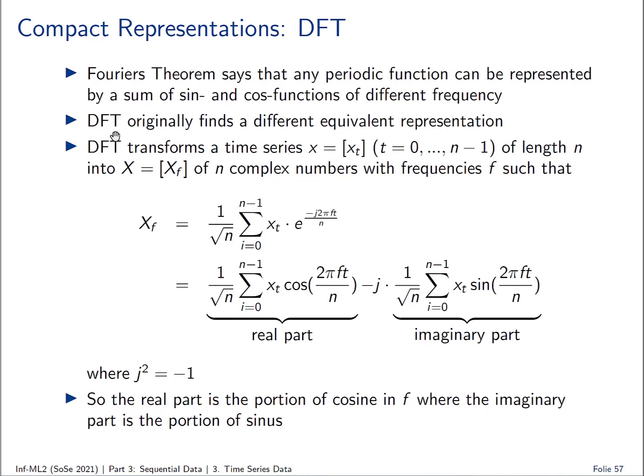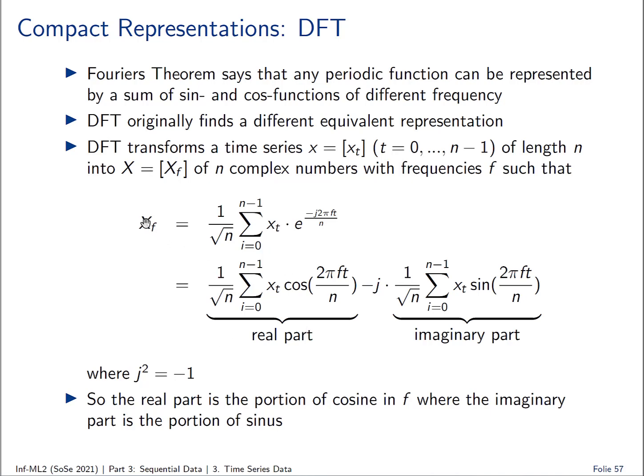Okay, so DFT, discrete Fourier transformation, originally actually finds a different, equivalent representation. So the DFT transforms a time series of length n, where we start at time point 0 and go up to time point n minus 1, so the length is again n, into a new representation of n complex numbers with frequencies f, such that this thing holds here.